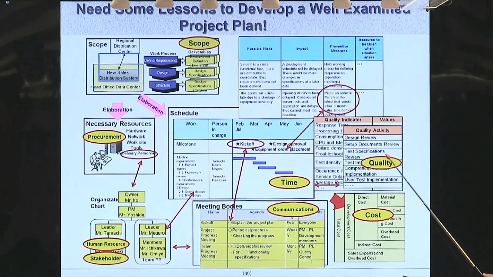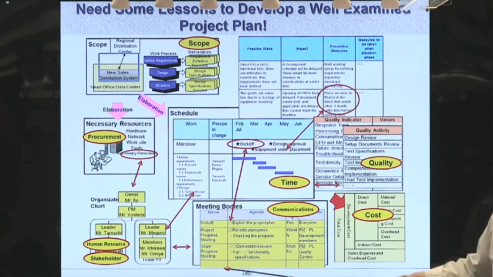For some activities, this has to reflect some quality assurance to achieve your quality targets. And you have to monitor how much you have already spent within the allocated budget.